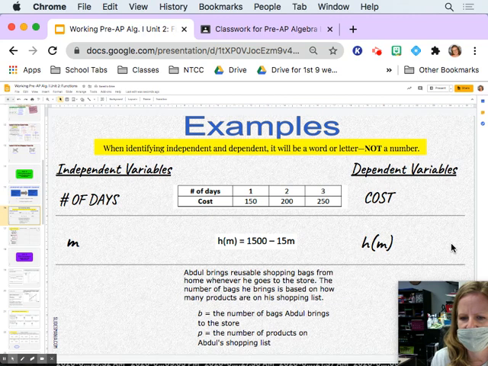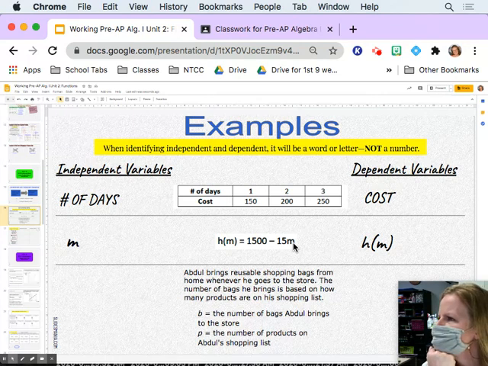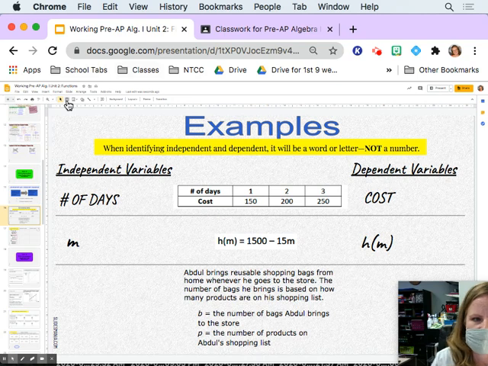What do you think h of m would be? If m were to represent money, hours, maybe? Maybe you took out a loan for $1,500 and you're paying it back to your parents at $15 per. That wouldn't work out. I don't know. We could only make it up.